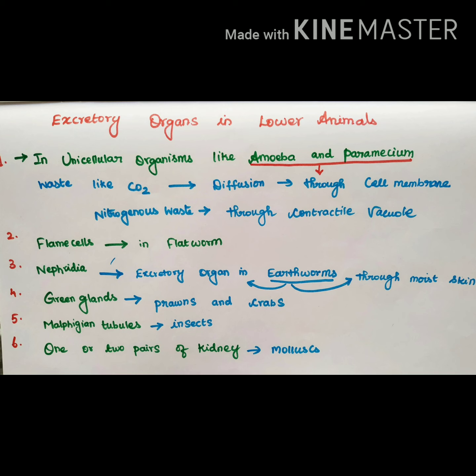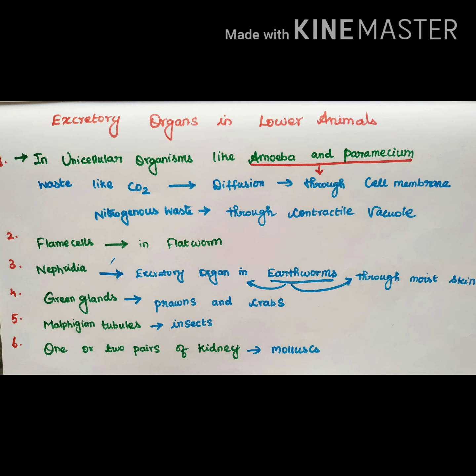Number 1, for unicellular organisms like amoeba and paramecium, as was clearly insisted in the previous topic itself, waste like carbon dioxide will get excreted only through the process called diffusion.